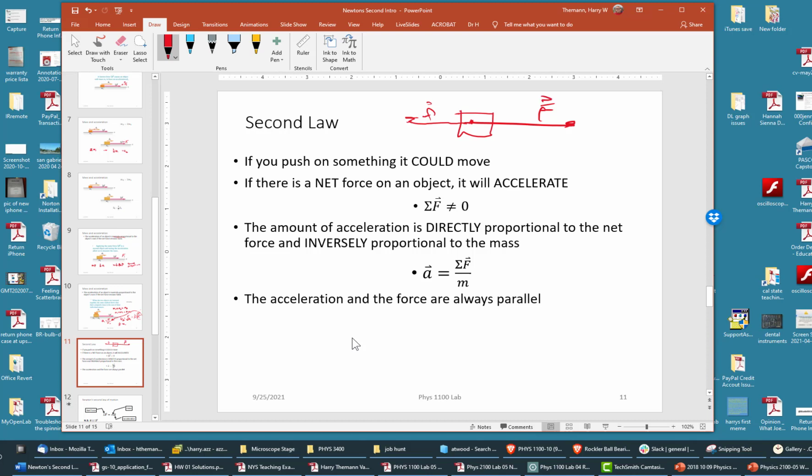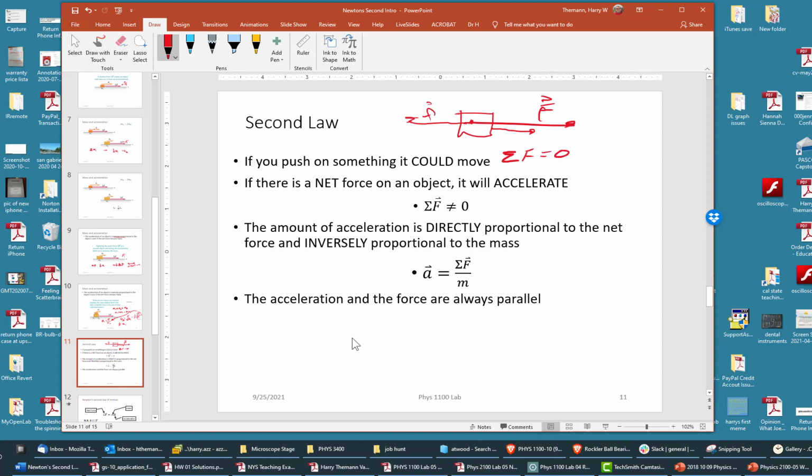It looks like you're pulling, but if you push on something, it could move. Even if we had a force equal to friction, it still could move, but it would move at a constant speed. That means the first situation is simply that sigma F is equal to 0.